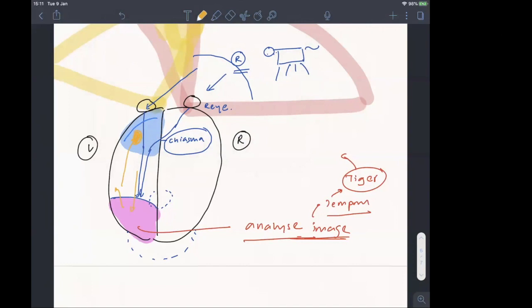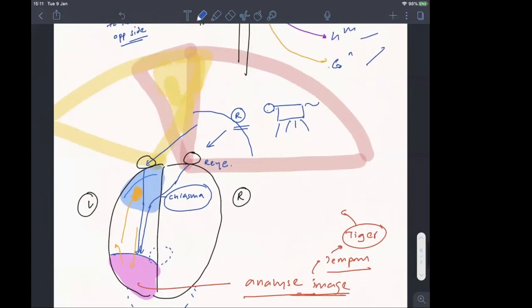Now, in the frontal lobe, the frontal lobe will now decide that this is important enough for me to turn my eye and look towards it. Because till now your eyes were looking straight ahead. And this is just in your peripheral field of vision. It is just something that just comes into your peripheral field of vision and you may not pay full attention to it.